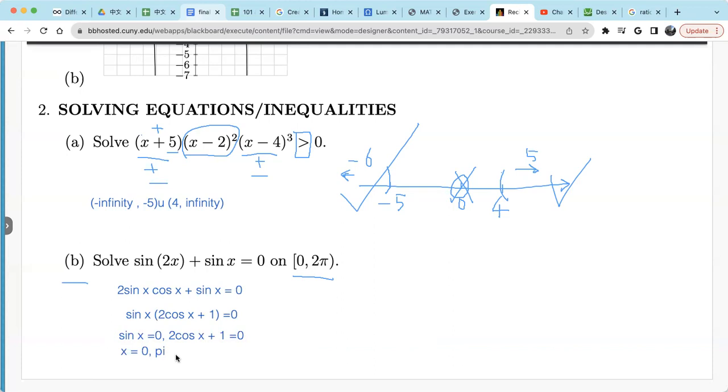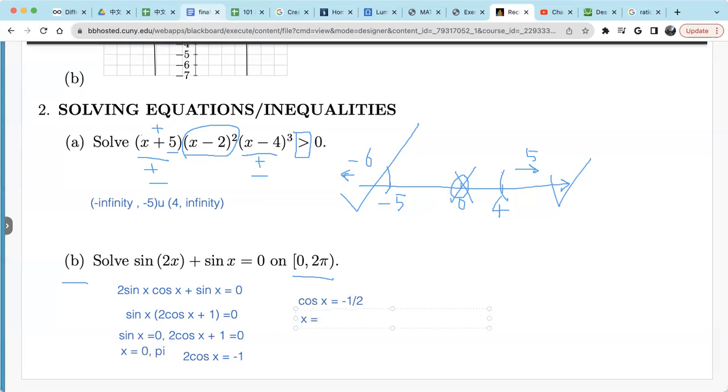Let's see the second equation. 2 cosine x plus 1, that means 2 cosine x equals -1, or cosine x equals -1/2. Now we need to think: cosine being negative half, in which quadrants? In the second and third quadrants, right?